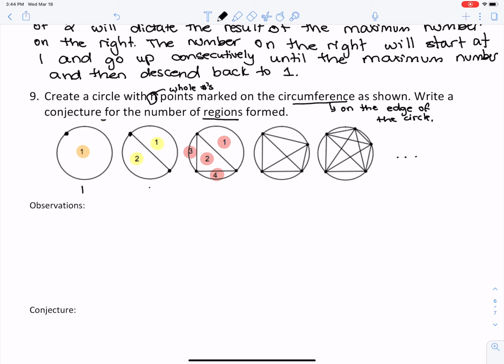So 1, 2, 3, 4, 5, 6, 7, 8 regions. When I calculate how many regions are being formed on the right-hand side here, 1, 2, 3, 4, 5, 6, 7, 8, 9, 10, 11, 12, 13, 14, 15, 16 regions are formed.